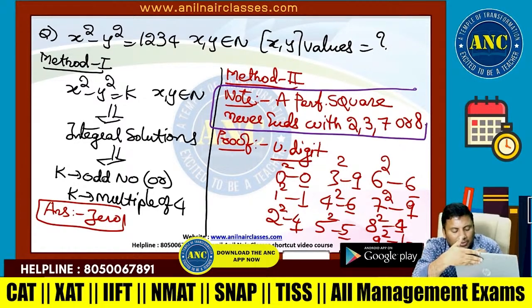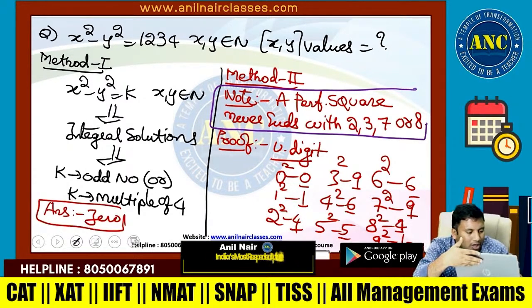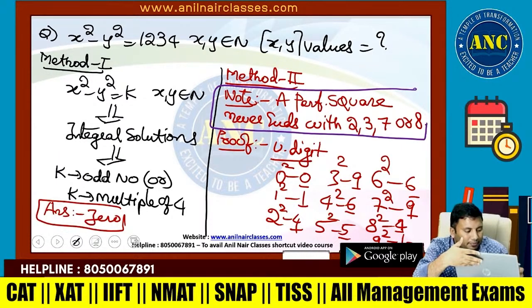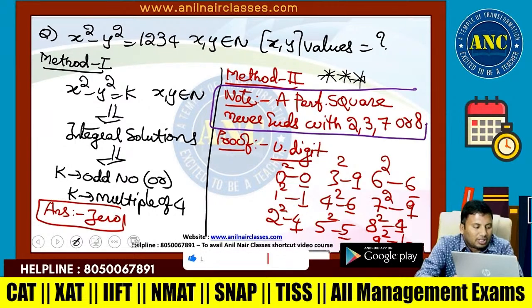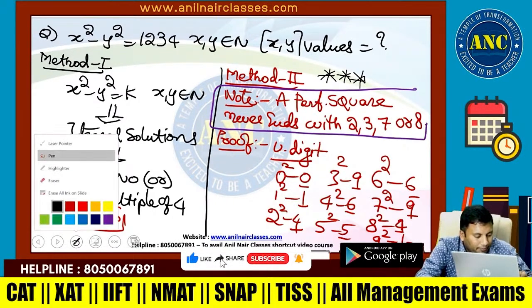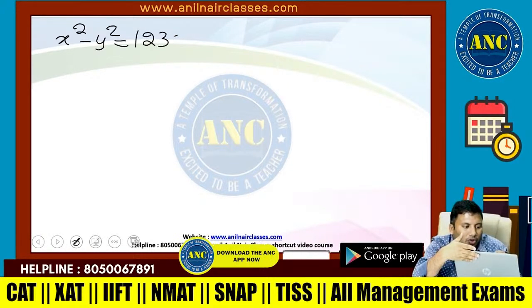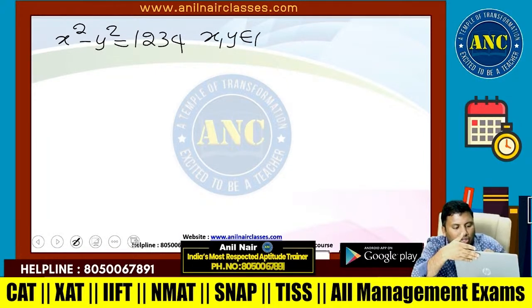How can this concept be used to solve the question? Write down method number 2. x square minus y square is equivalent to 1234, where x and y are natural numbers.